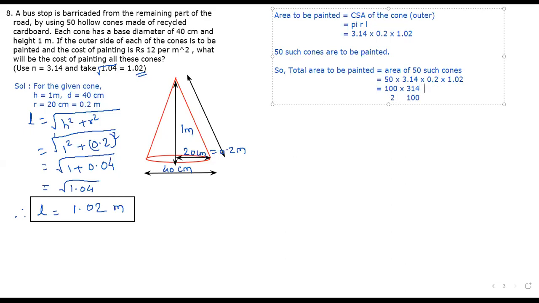Are you understanding? Into 2 upon 10 into 102 upon again 100. So that 100 and 100 get cancelled, 2 and 2 get cancelled. Ultimately, it is 314 into 102 divided by 100. Yes or no?